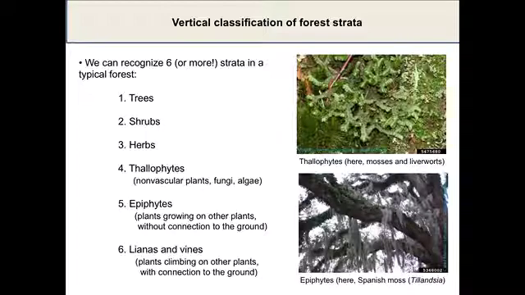There's a couple of little tweaks and quirks of this. We get things like epiphytes, which are plants which can grow on other plants. So you could have a herb epiphyte that's growing quite high, or a lichen or something like that, that's growing quite high because it's growing on a tree near the forest canopy. And similarly, we get things like lianas or vines that can actually climb up a tree or climb up a shrub and get access to light that way.